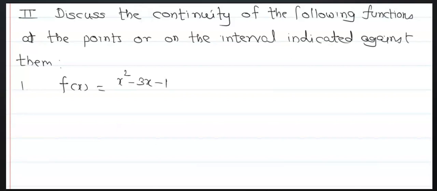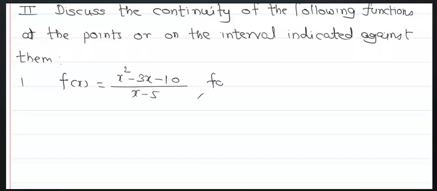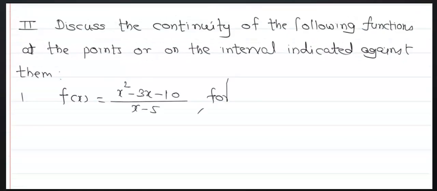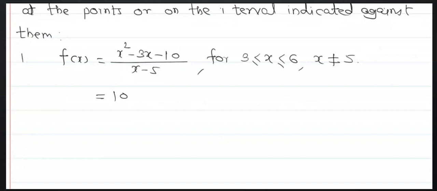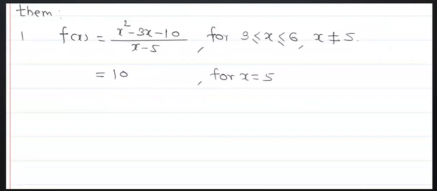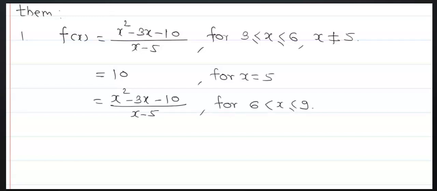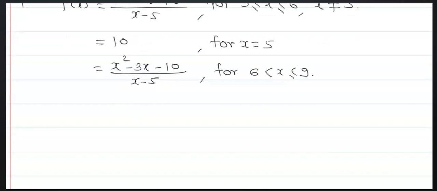F of x is equal to x square minus 3x minus 10 upon x minus 5, for x lies between 3 to 6 and x is not equal to 5, equal to 10 for x is equal to 5, x square minus 3x minus 10 upon x minus 5 for the value of x lies between 6 to 9.